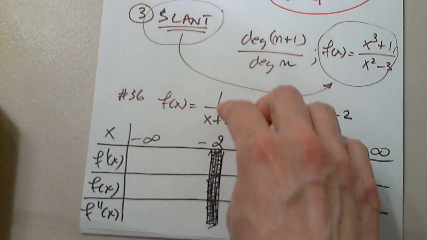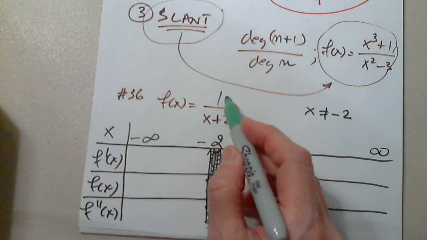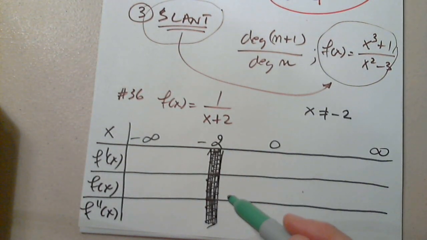Can I simplify x plus 2 with a factor from the top? Is there a factor of x plus 2 at the top? I know it's silly, but I just want to emphasize something. Is there an x plus 2 at the top to simplify? No. Of course not.